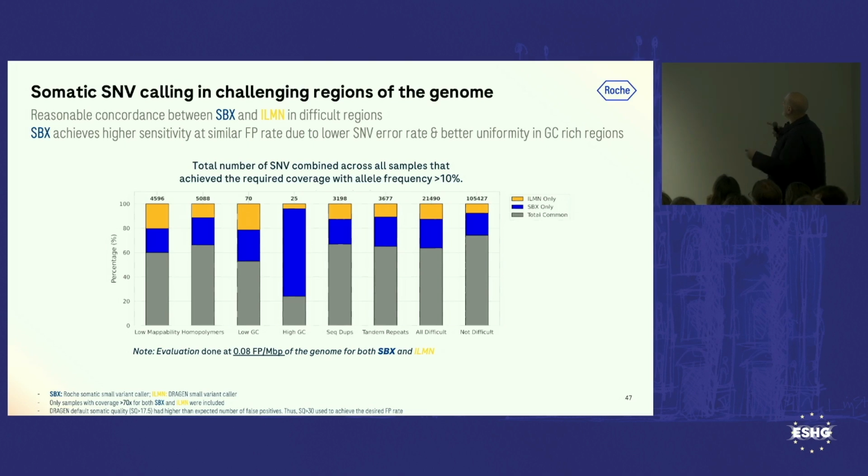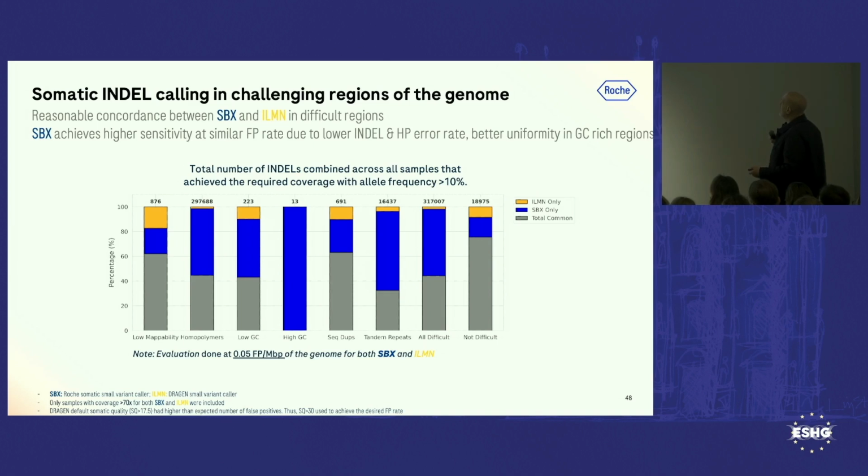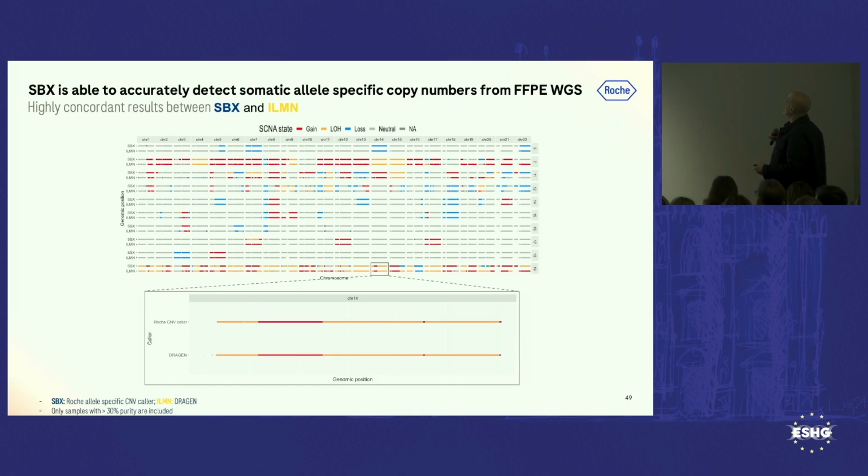You can look at the difference between the blue and the orange here, where SBX-only has a much higher amount relative to Illumina. Similar here with indels, even more dramatic in terms of the difference between the two platforms. But overall, pretty concordant, pretty good, and certainly with SBX showing better sensitivity.